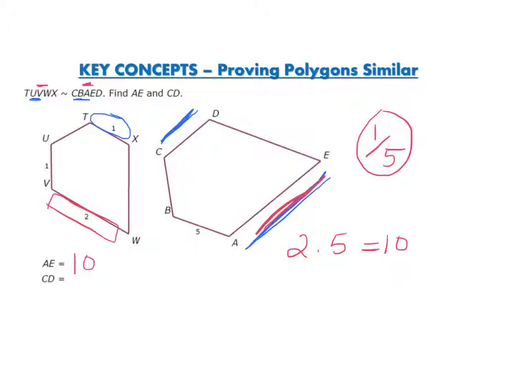Now I'm looking for CD, which is the first and the last. That's T and X, and it is 1. Again, it's 5 times bigger, and 1 times 5 is 5. So CD, the length of it, is 5. So remember, you have to find the scale before you start finding the length of any sides.